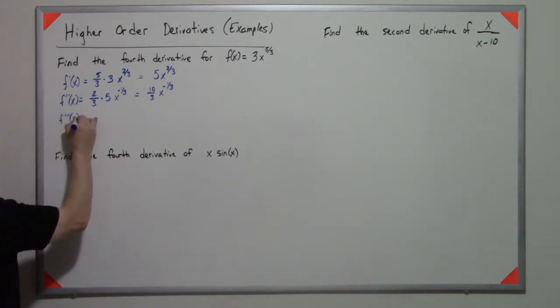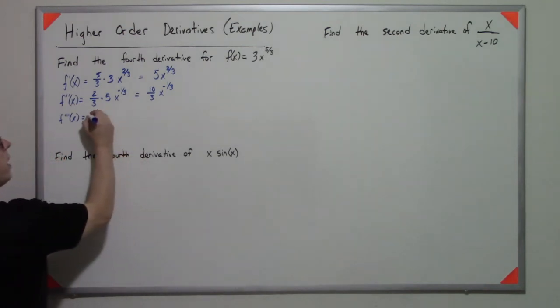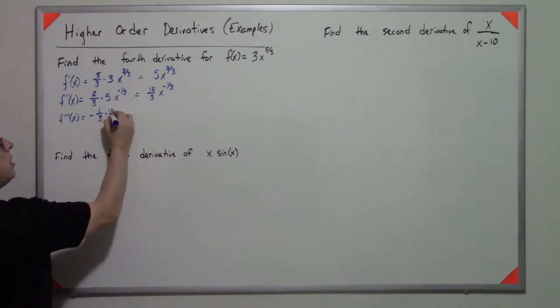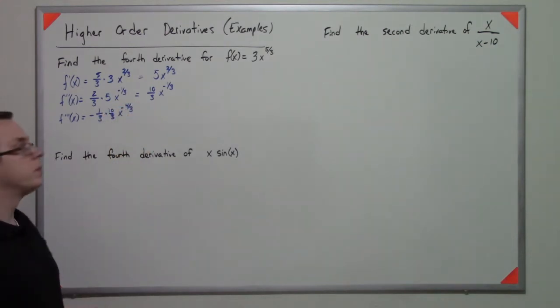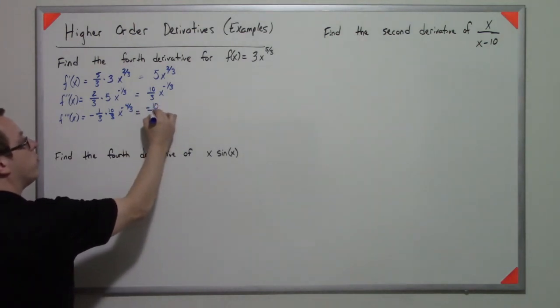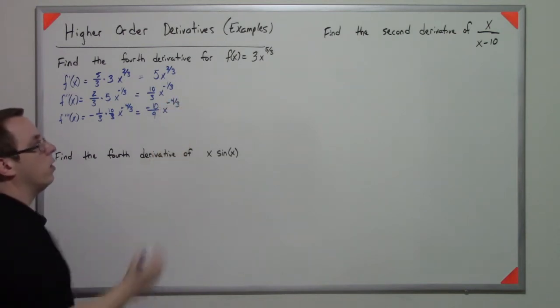For the third derivative, we do the same process again. We bring down the power, -1/3 times 10/3 x to the -4/3. This leaves us with -10/9 x to the -4/3.